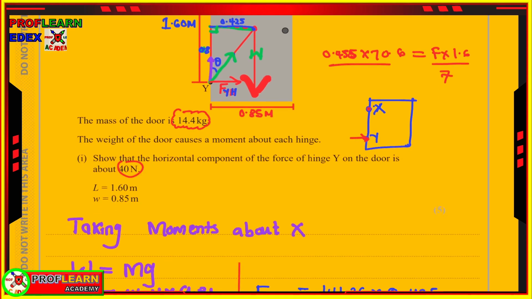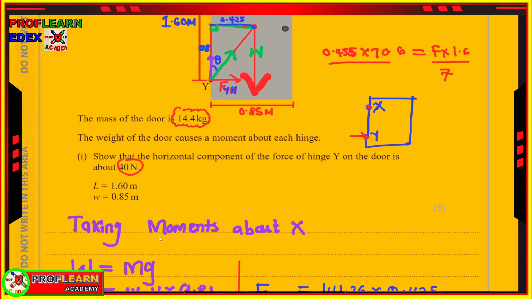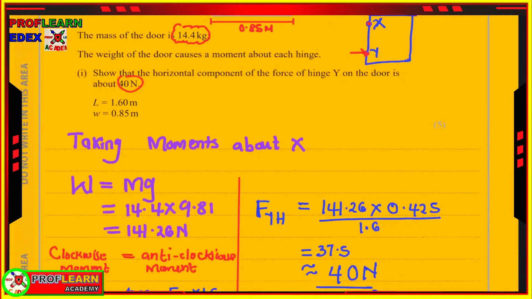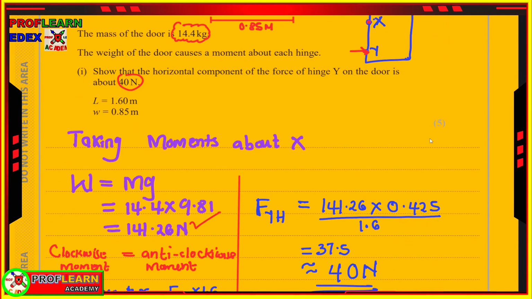We'll take our moments about X, and we're going to use the weight of the door as our force, because the weight acts here, downward. About this pivot, we have a perpendicular distance. Remember, a moment is force times perpendicular distance.